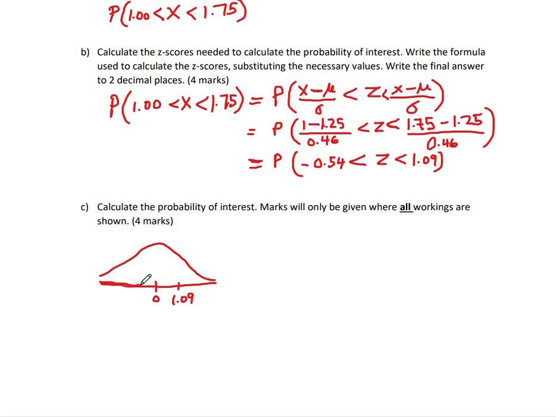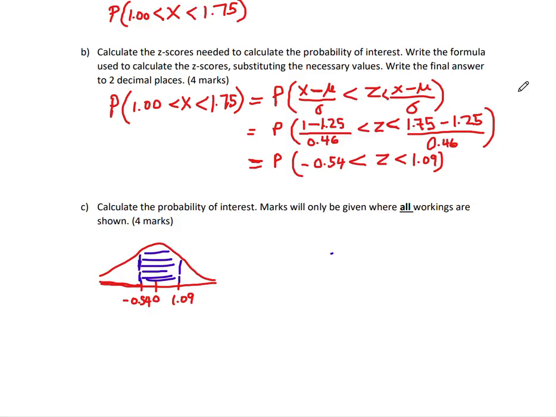And on the left of 0, we'll have negative values. So the negative 0.54 is going to be to the left of 0. So the area that we're interested in here is the area between negative 0.54 and 1.09. That is the area of interest to the researcher.